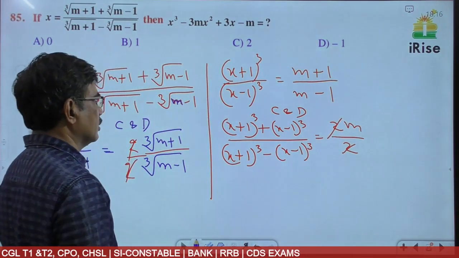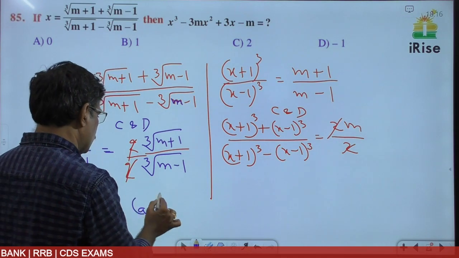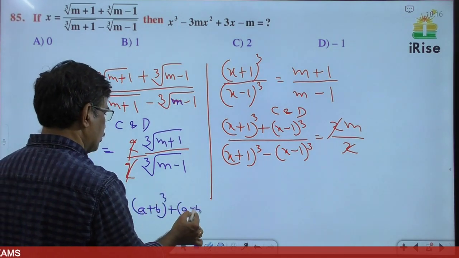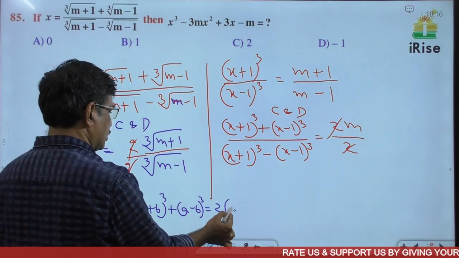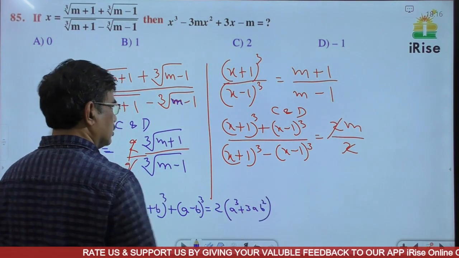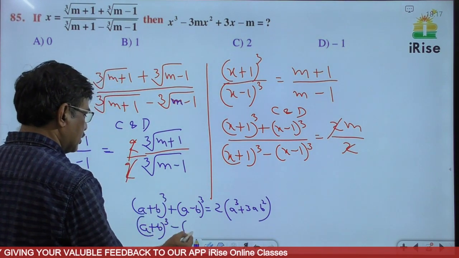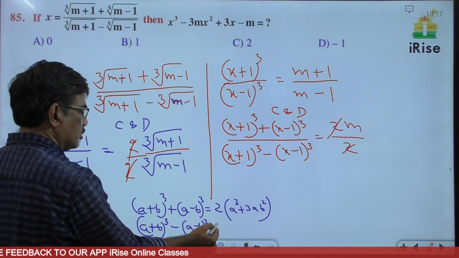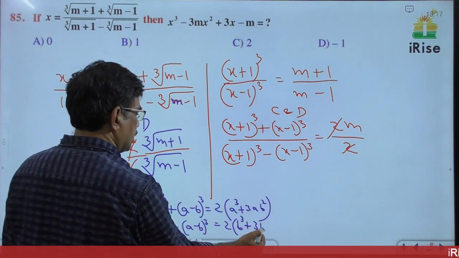I want to use these two formulae. What is (a+b)³ + (a−b)³? This is nothing but 2 times (a³ + 3ab²). Similarly, what is (a+b)³ − (a−b)³? 2 times (b³ + 3ba²).